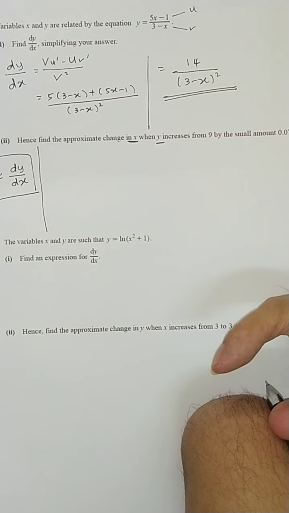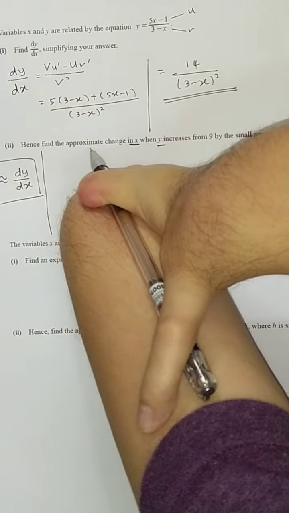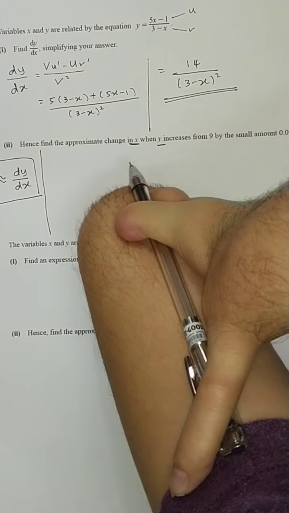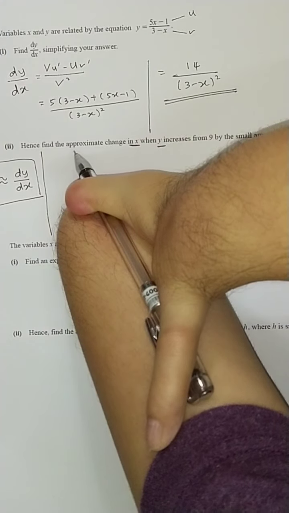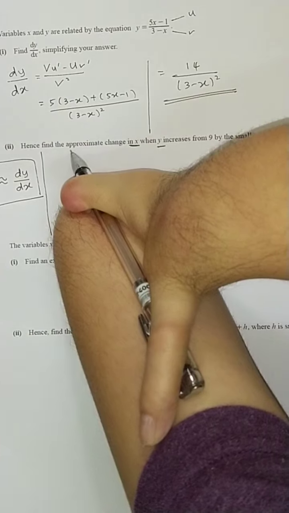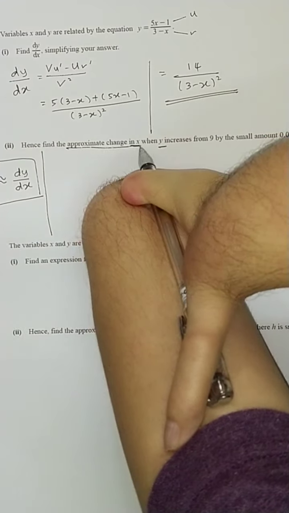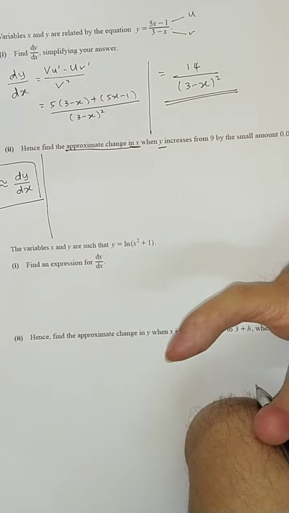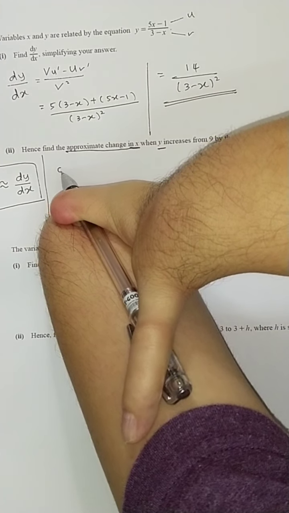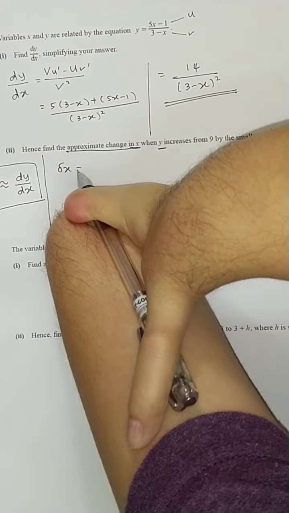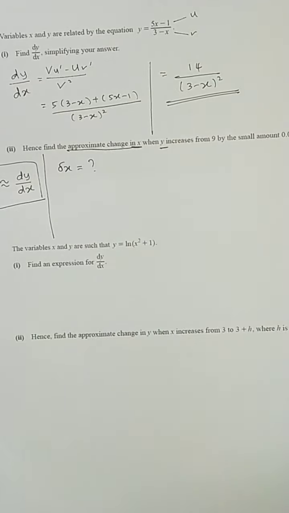How to answer this one? First, let's list down the information that we have. The question is asking about the approximate change happening in x, meaning delta x is equal to unknown. This is the thing that we are looking for.